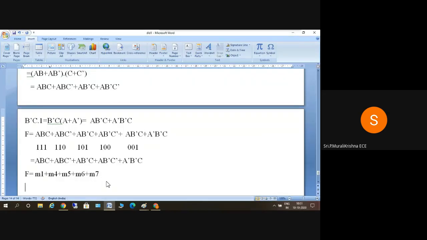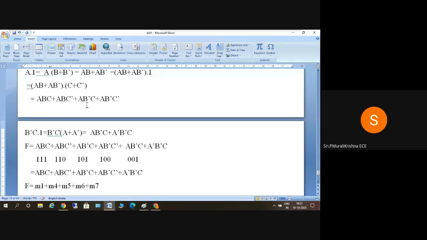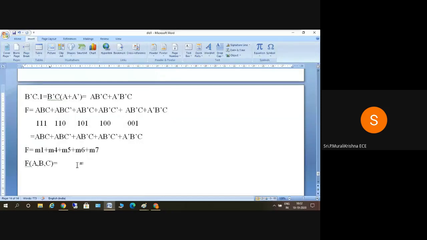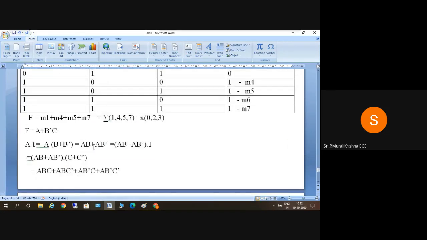So I can write this as f of A, B, C, because these are the variables, is equal to sigma of 1, 4, 5, 6, 7.